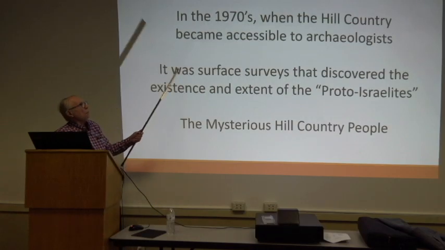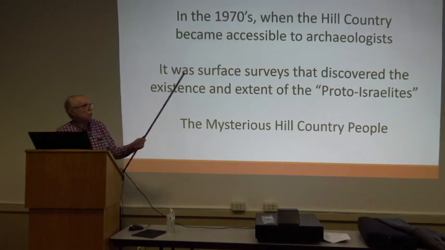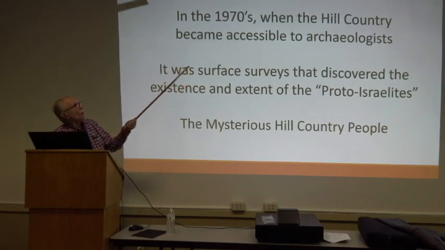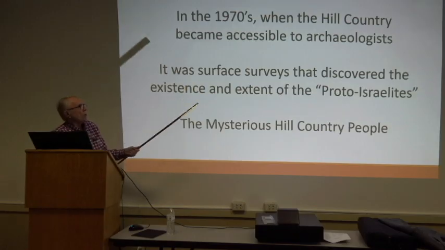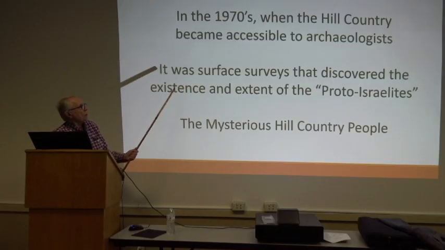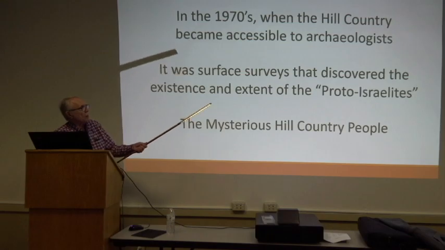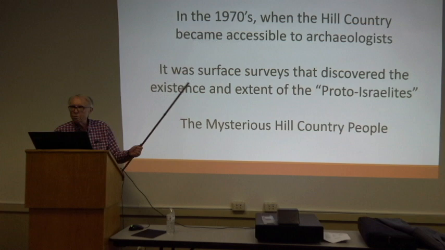The big thing that happened in archaeology in the 1970s, when the hill country became accessible to archaeologists, was surface surveys that discovered the existence and extent of the proto-Israelites, who I call the mysterious hill country people.